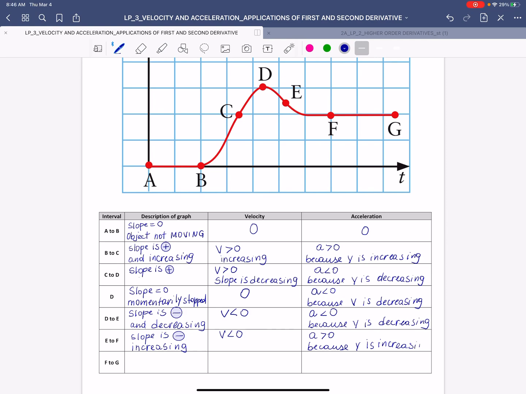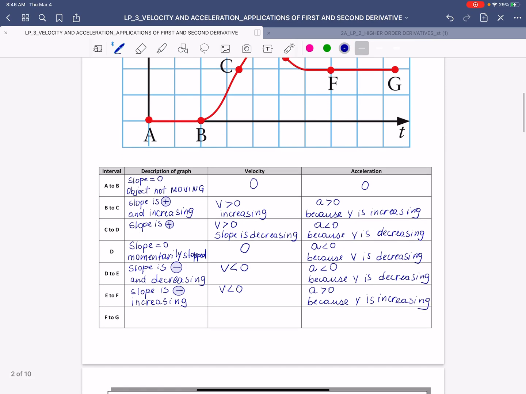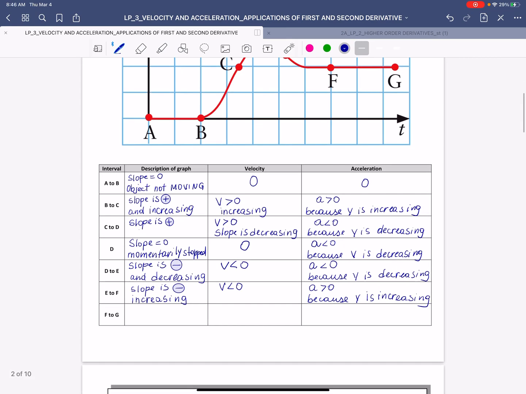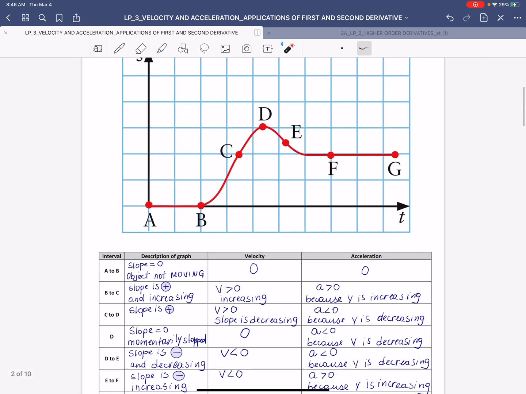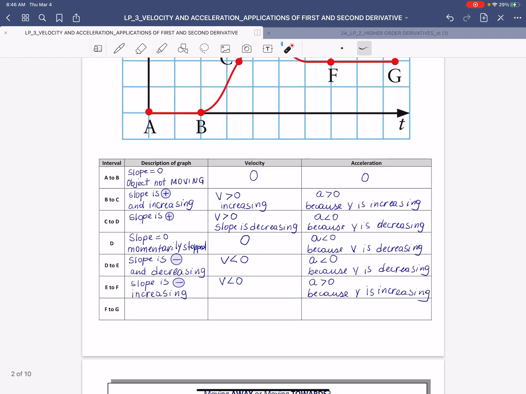And from point F to G, as you can see here, the position remains constant. So the object will be at this particular distance from the starting point, okay? And this distance is not changing. So we'll say that slope is 0.